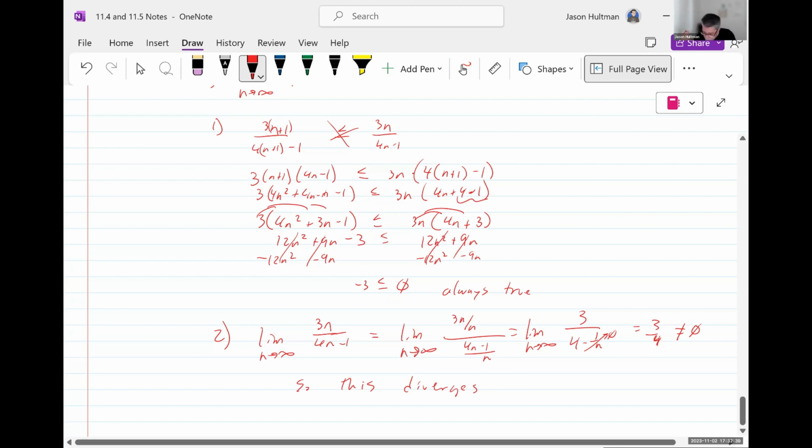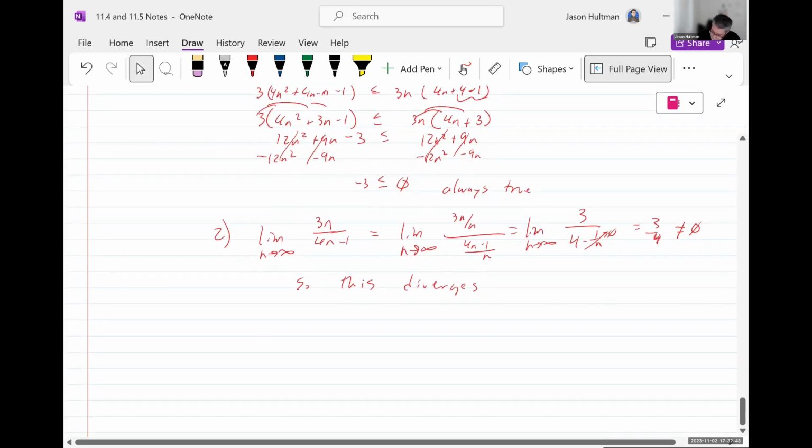Why does this diverge? This diverges by the divergence test, because if the terms don't go to 0, then the series diverges.